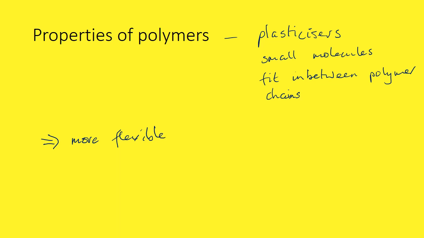And so, for example, if you use plasticizers with PVC, you know from the previous slide that PVC is hard and brittle, but if you introduce plasticizers into PVC, PVC plus plasticizer, then you get a very flexible PVC, and that would be the PVC that is used in clothing, for example, like fake leather jackets or very tight fake leather clothes.